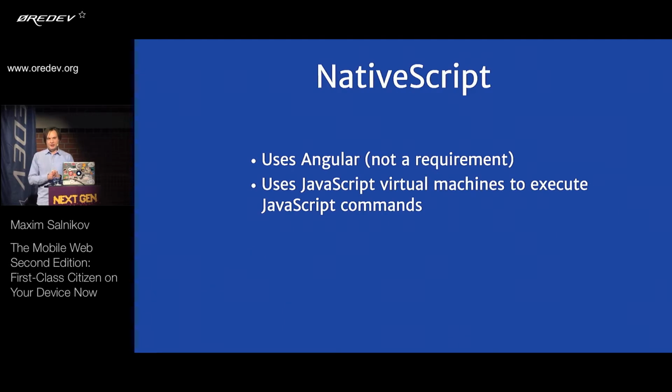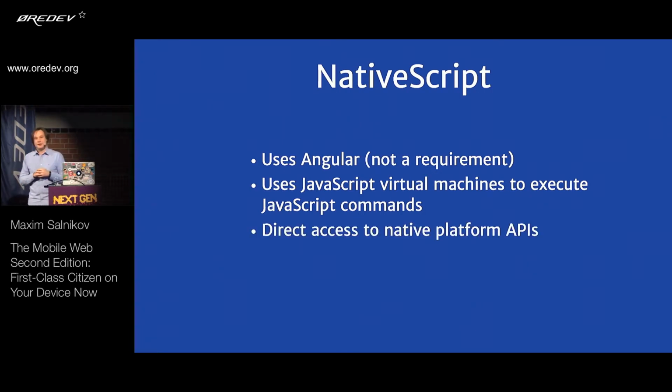The application is shipped with a virtual JavaScript machine, or to be more specific, one of these JavaScript virtual machines, because they are different for different platforms. Thanks to this fact, we have really direct access to all native APIs.